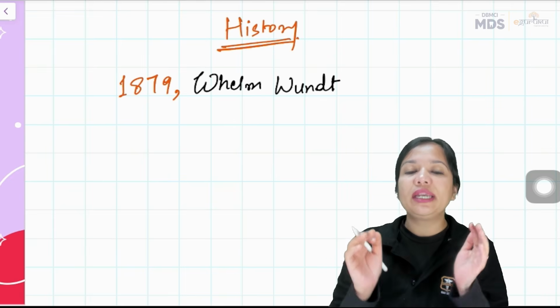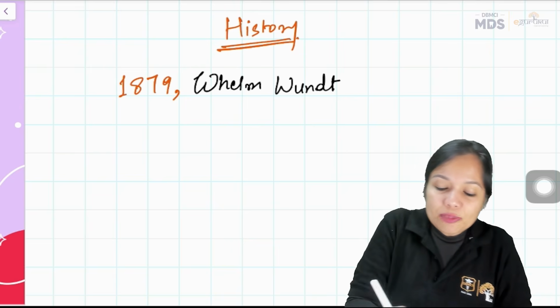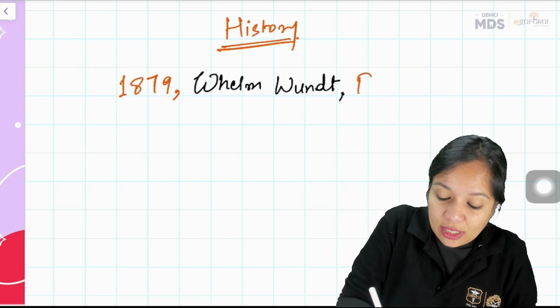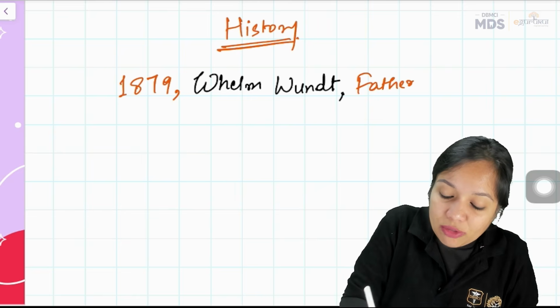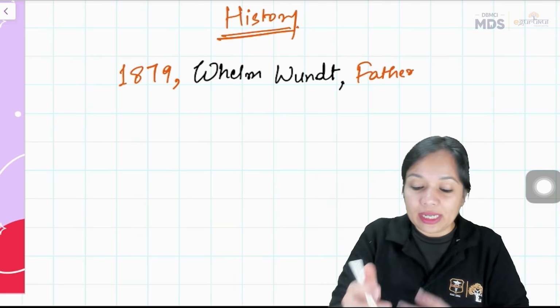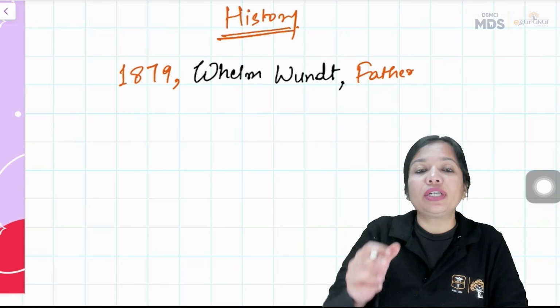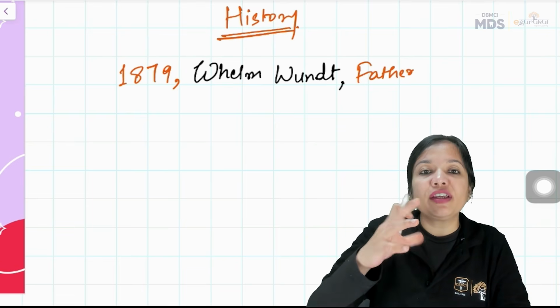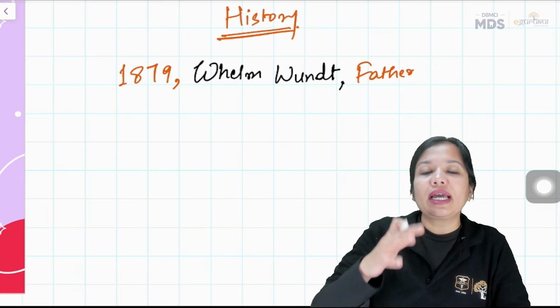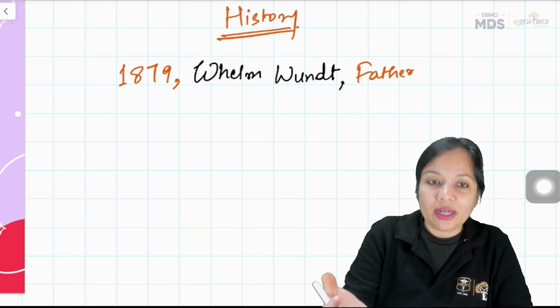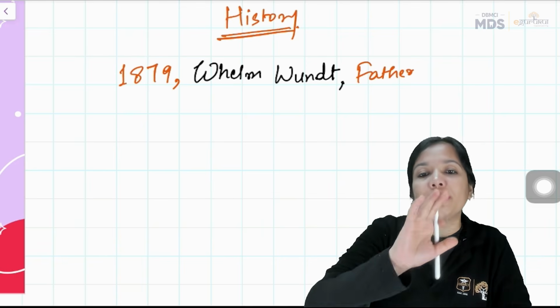Eventually, by the year 1879, this person, who was also known as the father of scientific psychology, said that deviation from the normal does not mean possessing a demonic entity. It means that the person has something off or something different in the psychology, and that needs to be investigated and treated in a scientific manner, and not sent off to temples and churches.